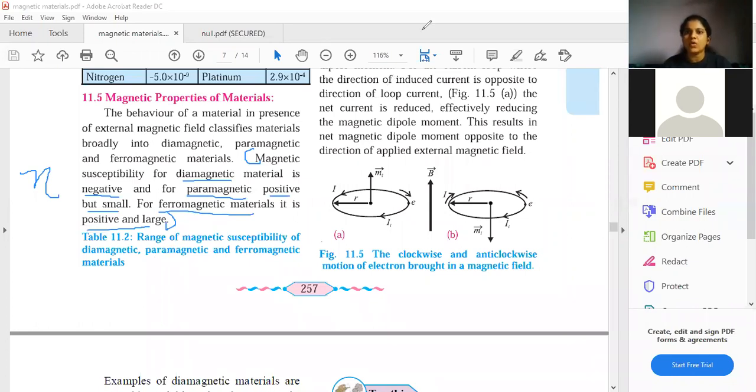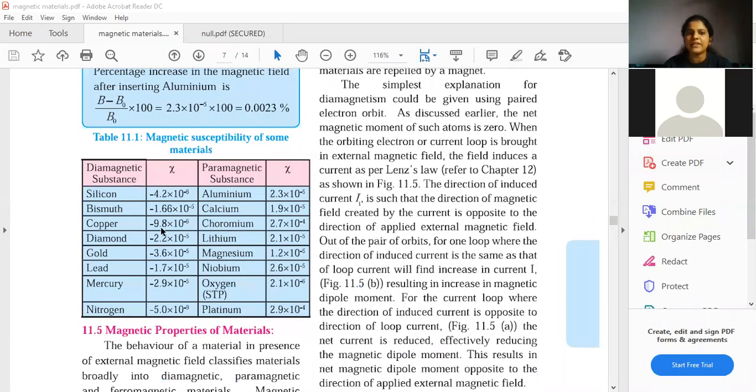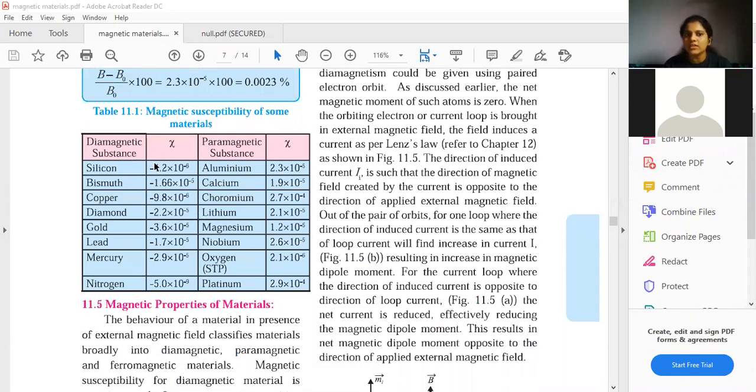So you can see here, they have given a table of the magnetic susceptibility of some materials. All the materials which have negative values are diamagnetic materials. And all the materials which have positive values are either paramagnetic or ferromagnetic.